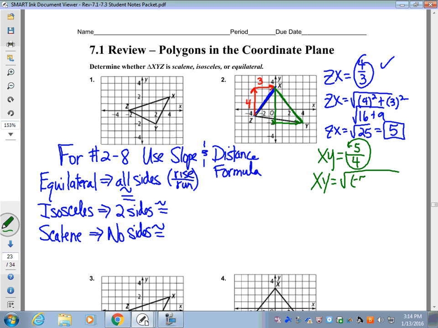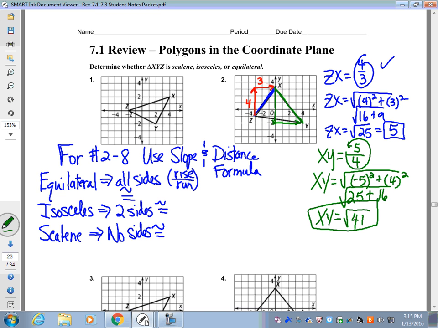So we would have -5 squared plus 4 squared. And you're going to simplify that. -5 squared is going to be +25 and 16. So XY actually has a length of square root of 41. That's not a perfect square, so we're done. We stop right there.